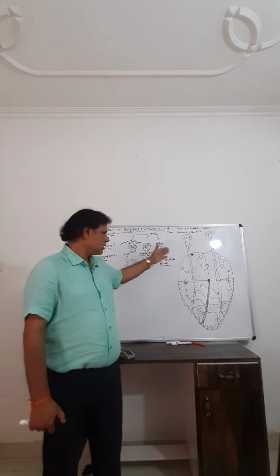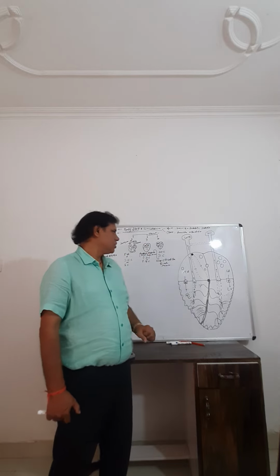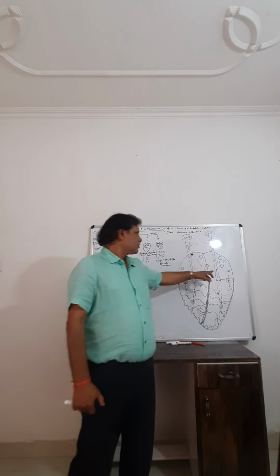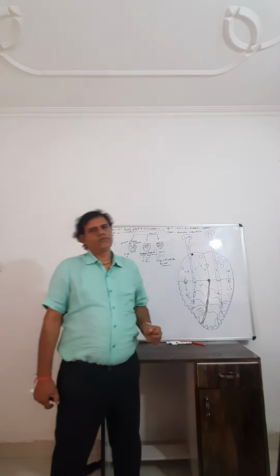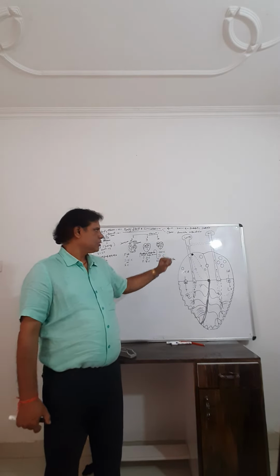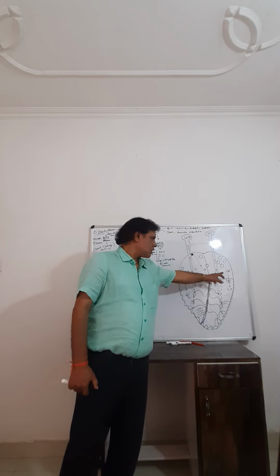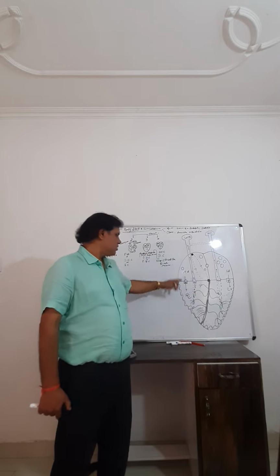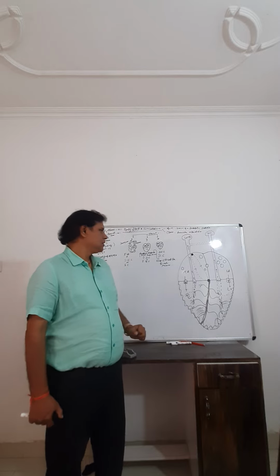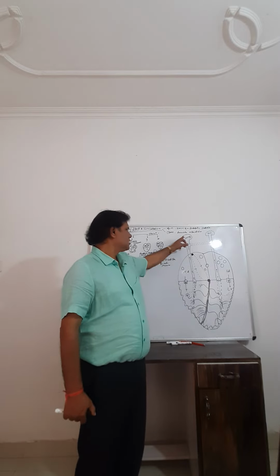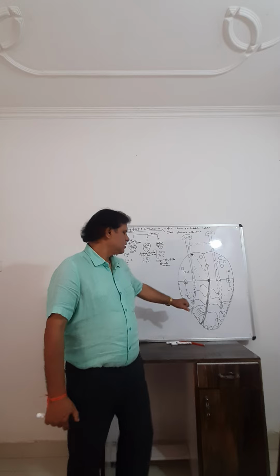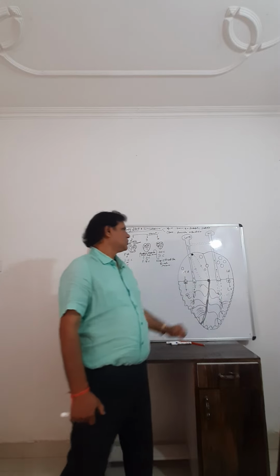So these collect impure blood. In the left auricle there are four openings, the pulmonary veins, because they arise from the lung. So pure blood is transported to the left ventricle and impure blood is transferred to the right ventricle. Impure blood flows to the lung, and pure blood flows to the body.